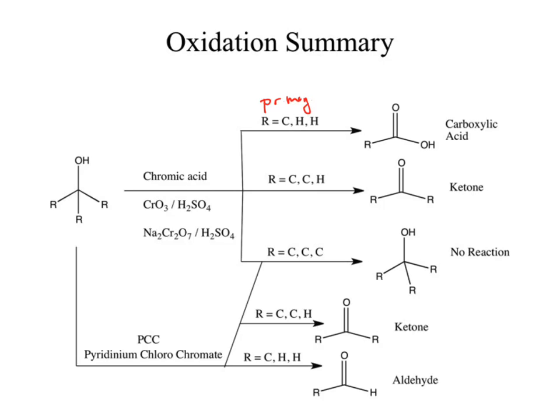In the case of a primary alcohol, what do I end up with? A carboxylic acid. And the next one down, how many carbons do I have? 2, which means secondary. In the case of the secondary with chromic acid, I end with a ketone. 3 carbons. Tertiary, I get no reaction.